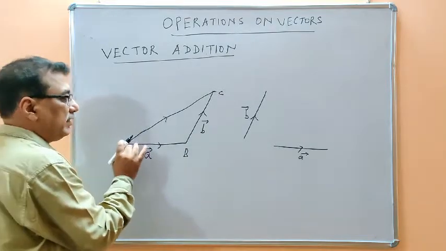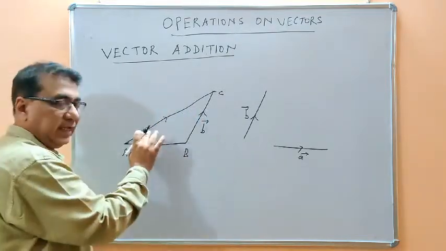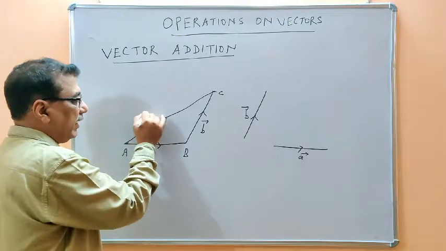So the final displacement of the person is AC, and this is called addition of A and B.